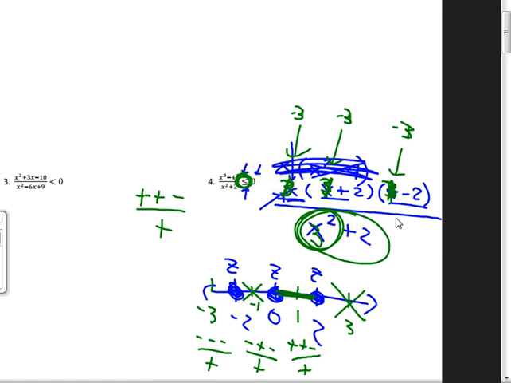That does come out to be negative, which means it is less than 0, so that means it works. Final answer, from negative infinity to negative 2, bracket, union with, from 0 to 2, also works on both ends, brackets.